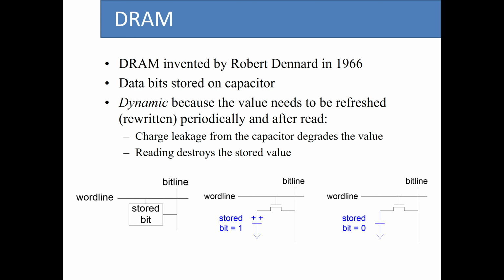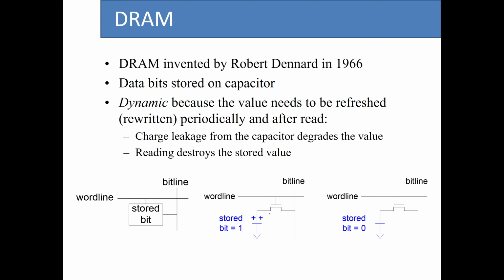DRAMs were invented by Robert Dennard in 1966, and as I said before, the data bit is stored in a capacitor. As you can see here, this is the generic design of a DRAM bit cell.